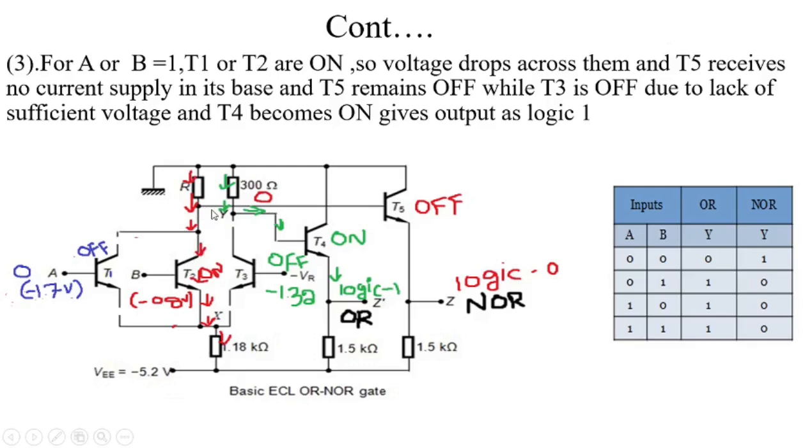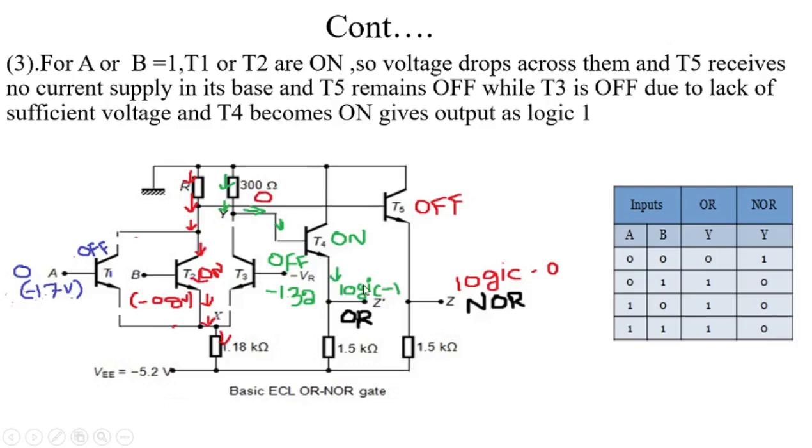The logic 0 output is given to the input of this T5 transistor, and this T5 transistor is off, and finally we get logic 0 output. This T3 transistor is also off, so from the power supply the collector terminal of this T3 transistor gets logic 1 output. This logic 1 output is given to the base terminal of this T4 transistor, and with sufficient base voltage, the T4 transistor is on, and finally we get logic 1 output.